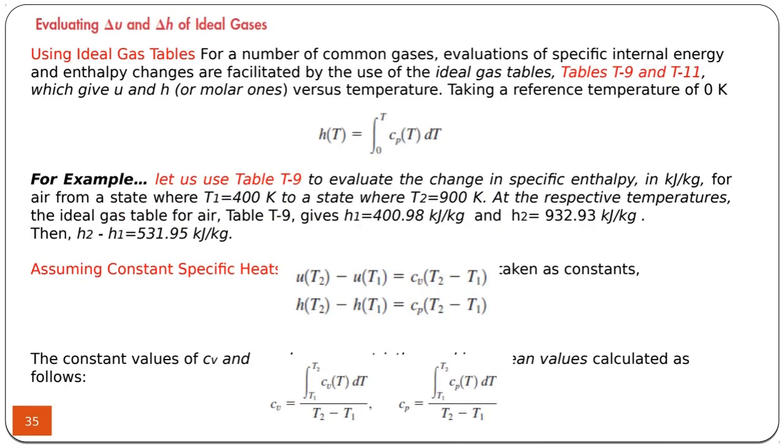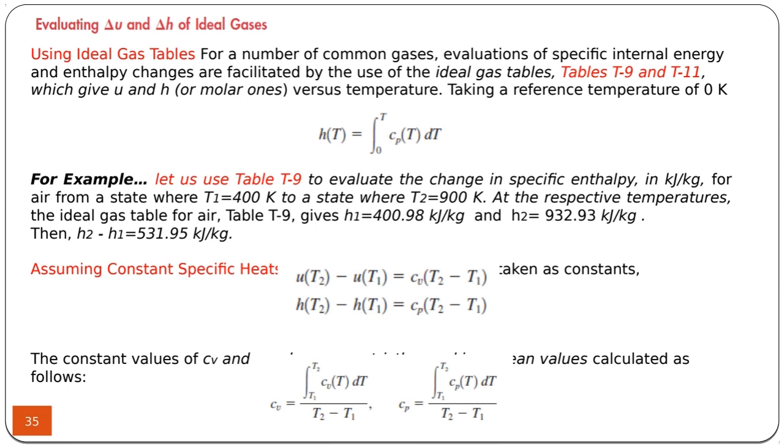So what is the way to find the integral if you don't know the variation of specific heat with temperature? In order to find the integral value, we can directly use some tables, because there are tables like the air table. I have provided the air table to you.